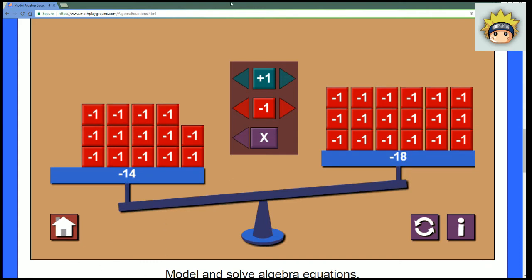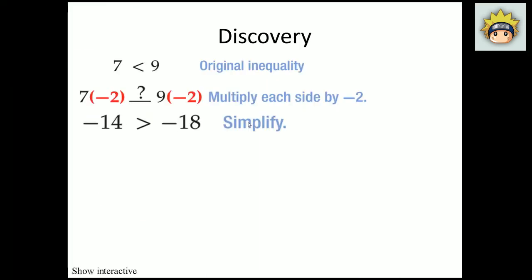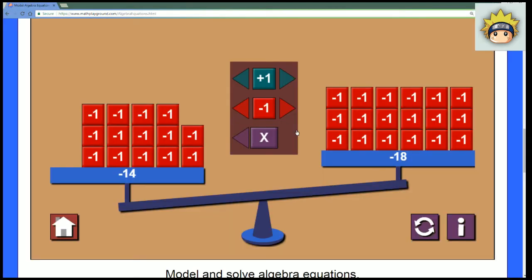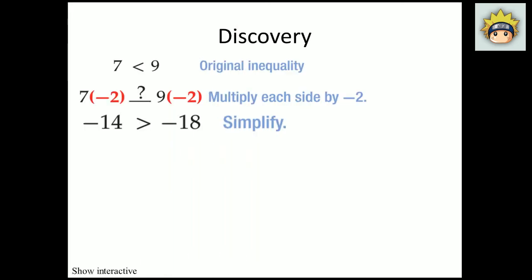What do you notice? Do you see the scale tipped? It says that negative 14 is greater than negative 18. Do you see how the scale shifted over?